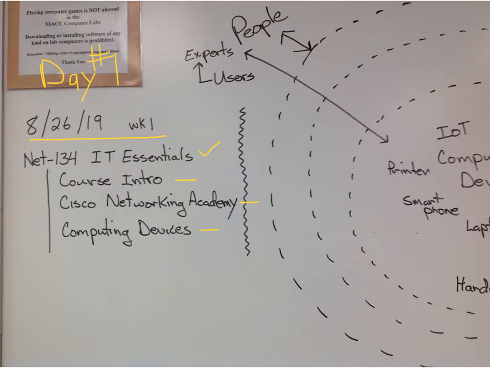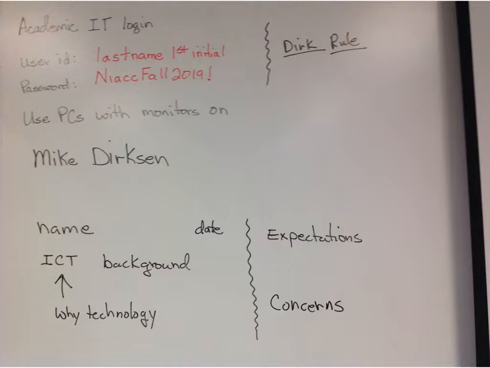Alright, so let's take a look at the introduction to the course. Okay, so we'll go to the next slide. You will hear me refer to the NIAC academic IT, and we're going to talk more about that in future classes.